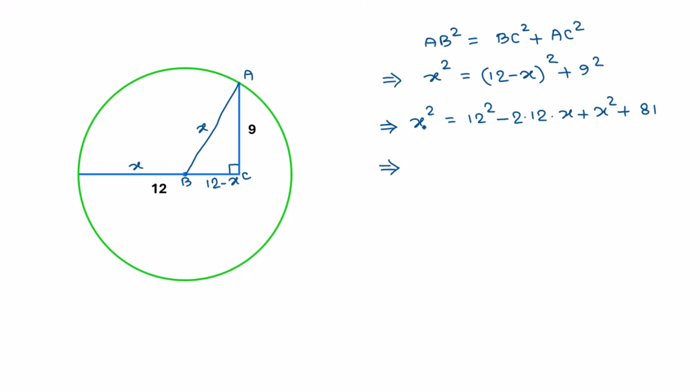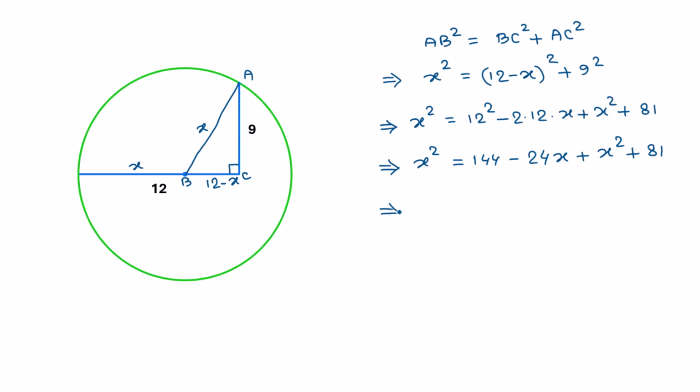So x square is equal to 12 square, which is 144, minus 2 times 12, which is 24, times x, plus x square, plus 81.